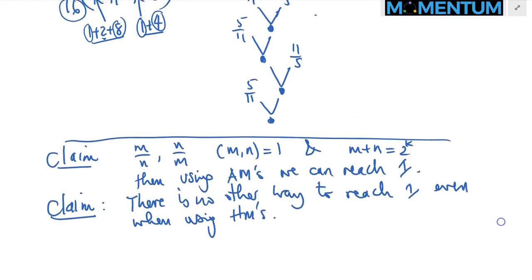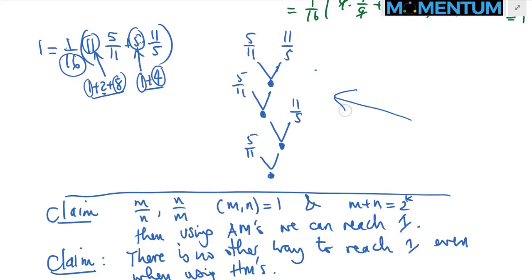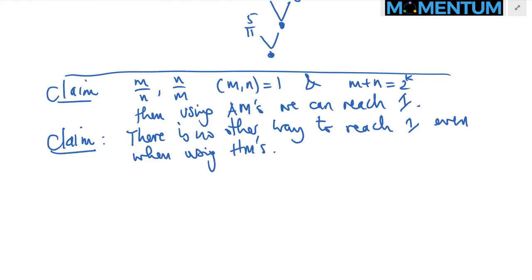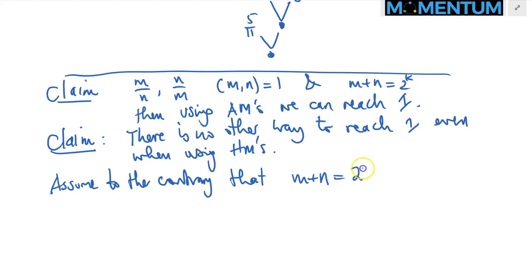The hard part of the question was the observation we made earlier. This part is quite simple. In fact, you can easily use modular arithmetic to figure that out. Let's use this notation: m plus n is equal to 2 to the power something times an odd number.